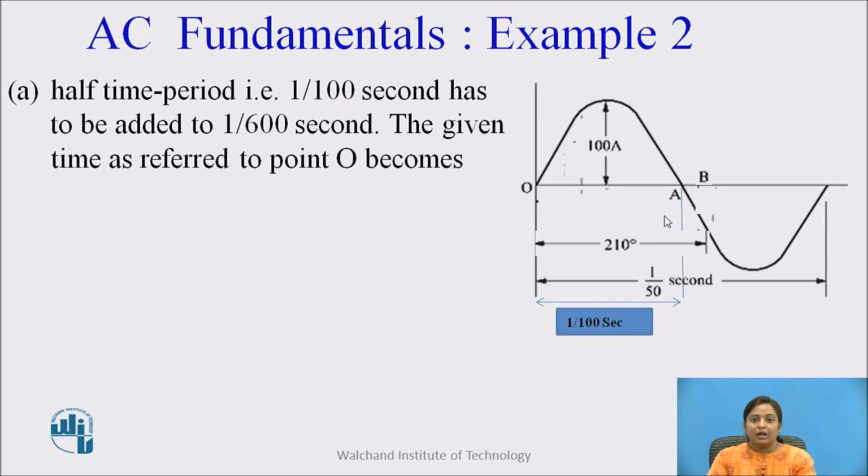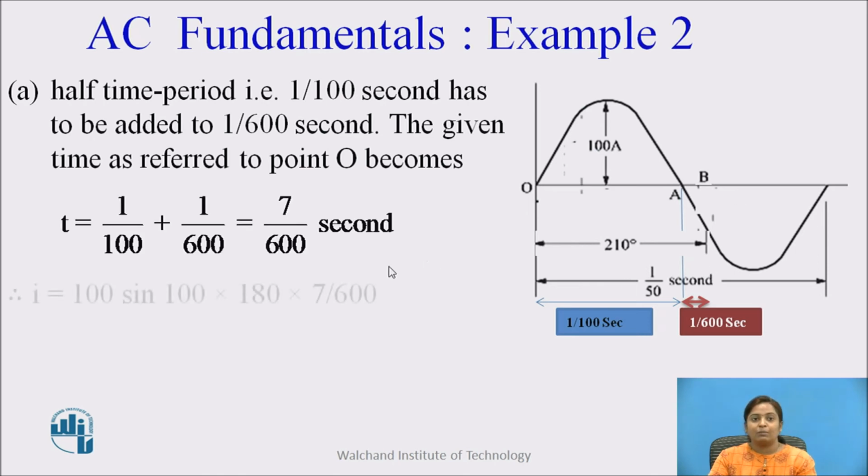Okay, and after that the time which is given is 1 by 600. So after the A point, if you take the time, that time is 1 by 600. Okay, so the total time from point O to point B becomes 7 by 600 second.